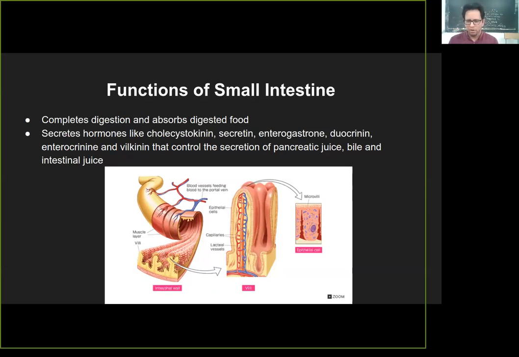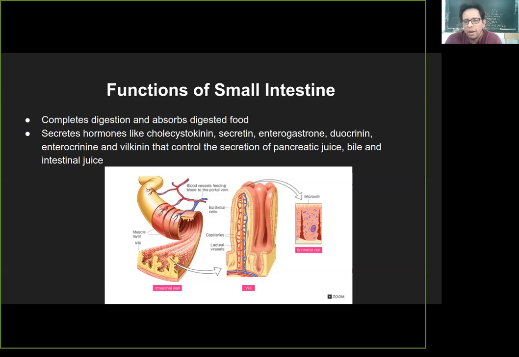But looking at the function of the small intestine, it completes the digestion. Whatever is left after the pulp formation in the stomach, the small intestine helps in digesting the rest of the food, breaking it down further and allowing the digested food to get absorbed.